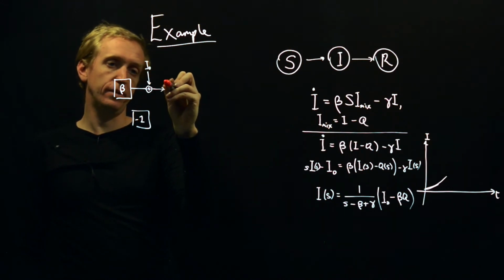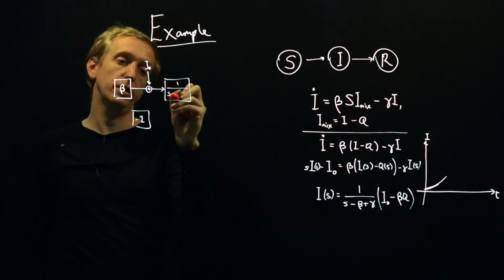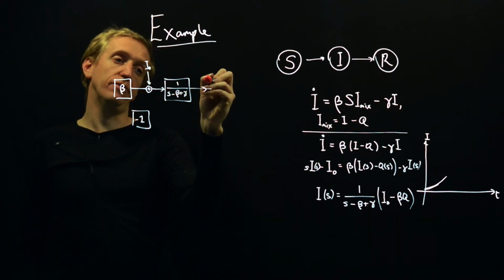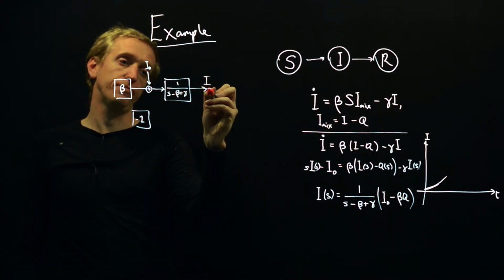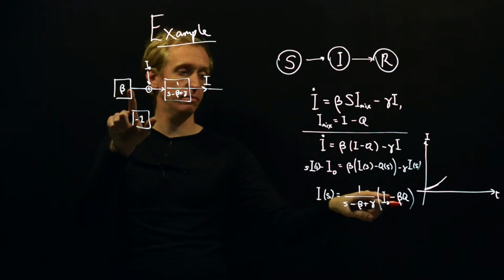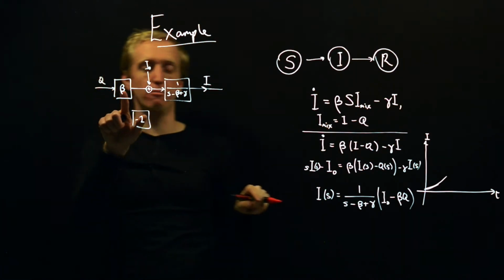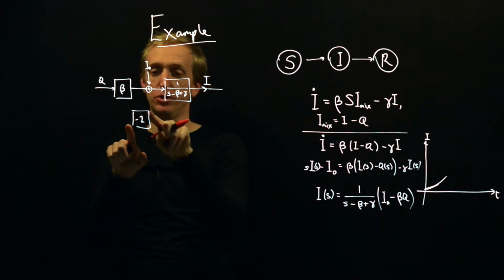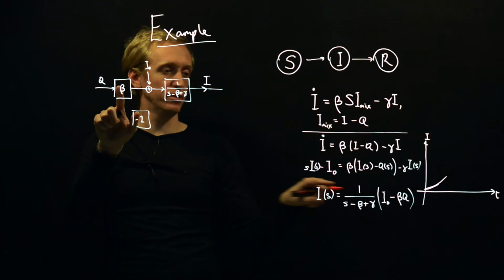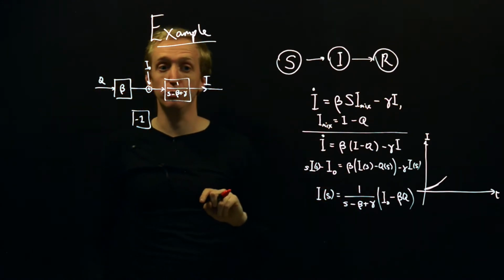Here we have our process, which is 1 over s minus beta plus gamma. Here we have the size of the infectious population. This isn't exactly right, so we should have a minus sign here, but I'm just going to put it in the feedback loop. This equation doesn't match exactly, but it will when we close the feedback loop.